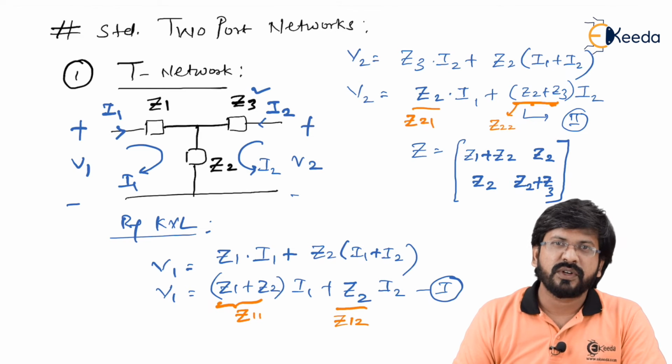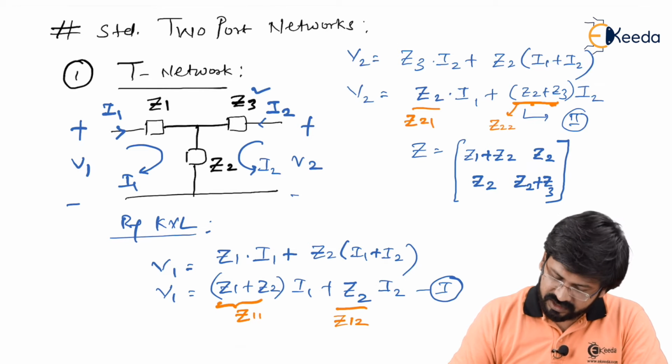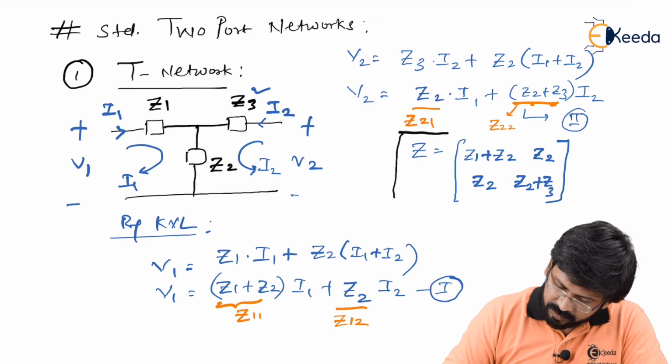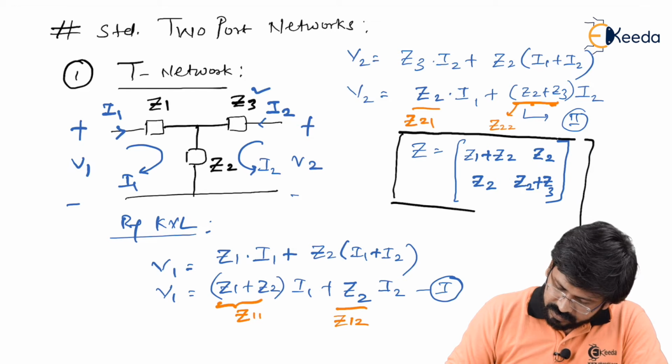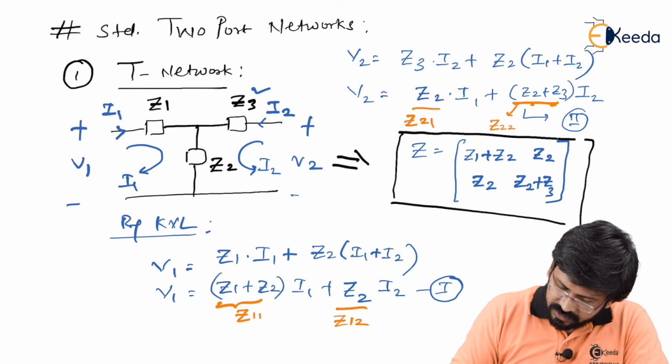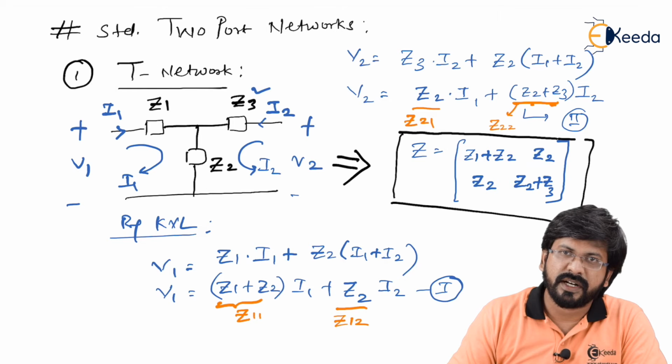So I request you not to actually solve for a T network ever. Once you come across it, you can write it directly: Z1 plus Z2, Z2, Z2 plus Z3. So this is a shortcut to be remembered for any T circuit, right?